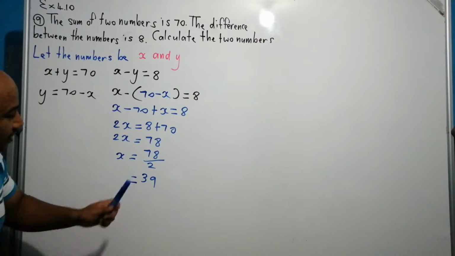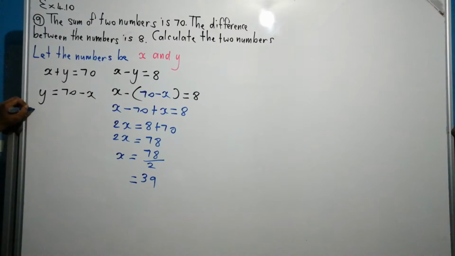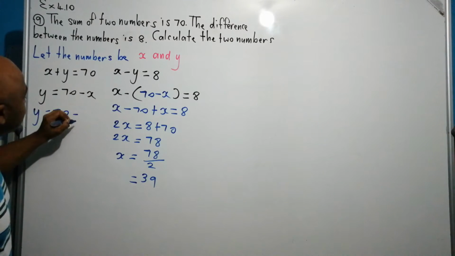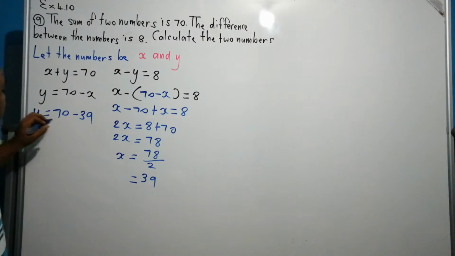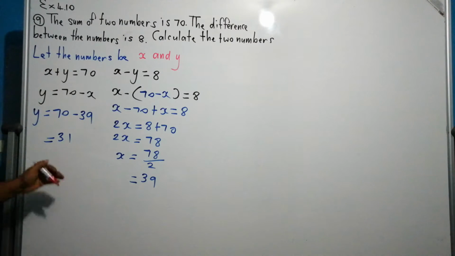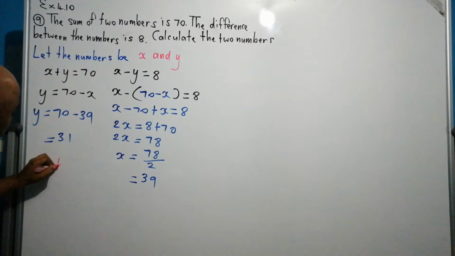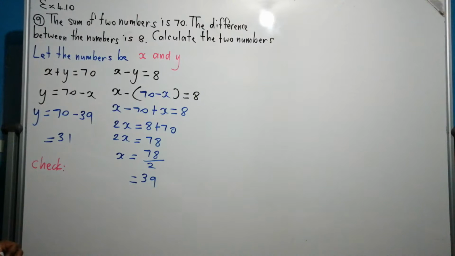Okay, so x is equal to 39. Take x, substitute back here. y is equal to 70 minus 39, which is equal to 31. Okay, so now let's check. The sum of two numbers is 70.